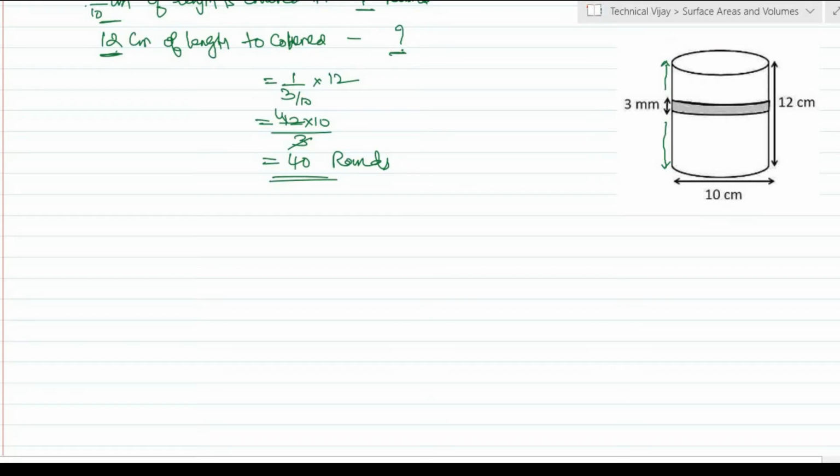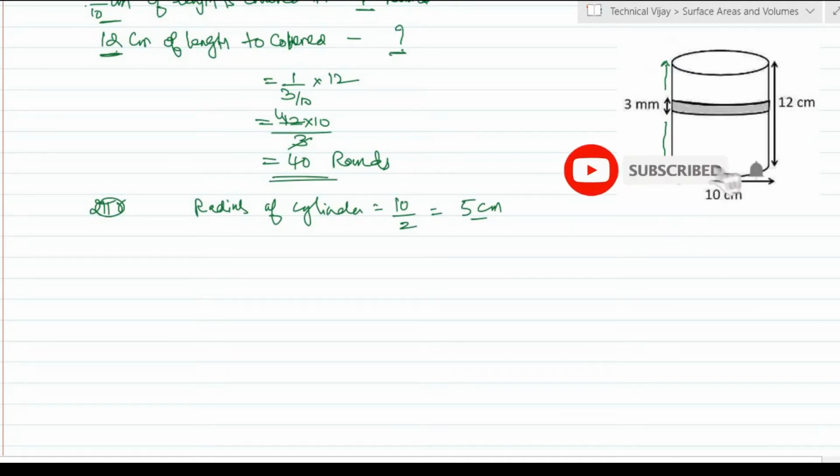The circumference of the cylinder is nothing but the circumference of this circle, which is 2 pi r. Here r is the radius of this cylinder. The radius of the cylinder is the diameter he has given, 10 centimeter, divided by 2. So 5 centimeter is the radius of this cylinder.